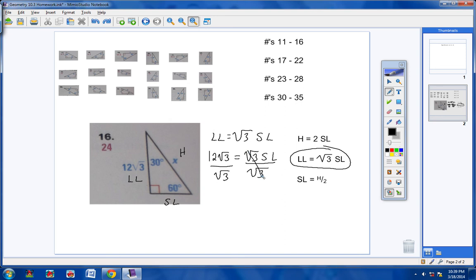Well, these cancel out, and you're left with 12 equals shorter leg. Now that I know the shorter leg, the hypotenuse always equals twice the shorter leg. So if my shorter leg is 12, then my hypotenuse x must equal 24. Okay? Must equal 24.